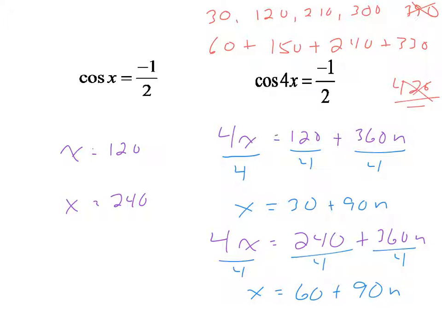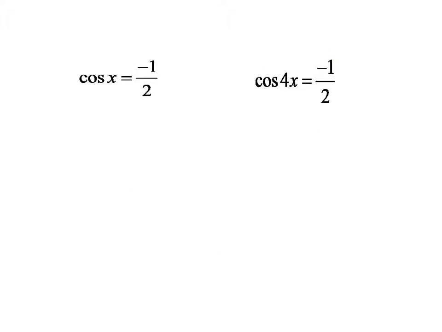All right, let's do it in radians. So, cosine x is equal to -1/2. I know that x in radians is going to be, for 120, I'm thinking here 2 pi over 3. x is also equal to 240, which is going to be 4 pi over 3.